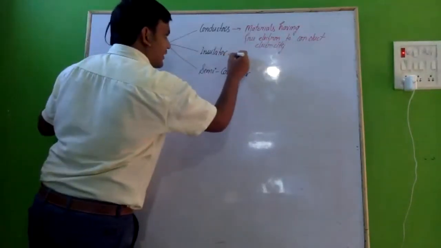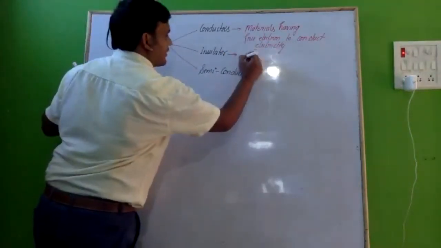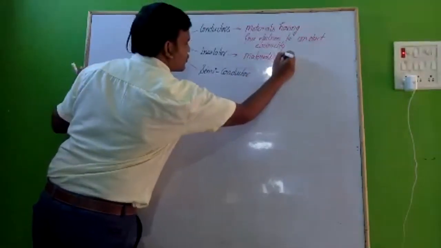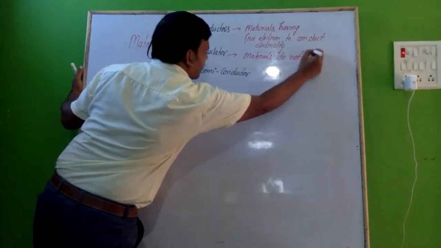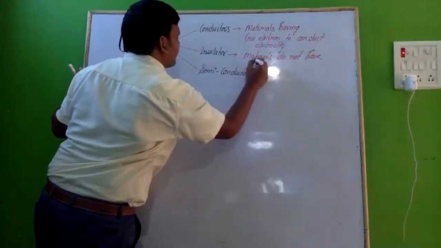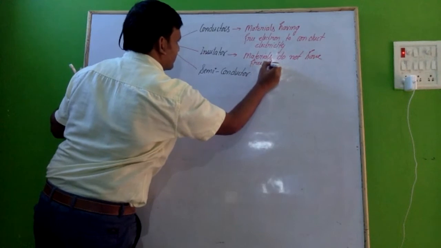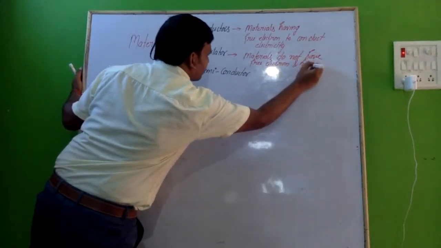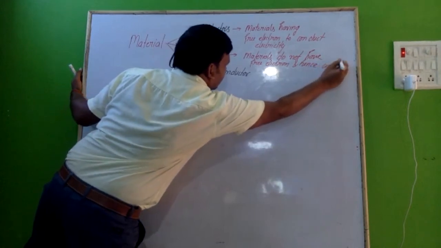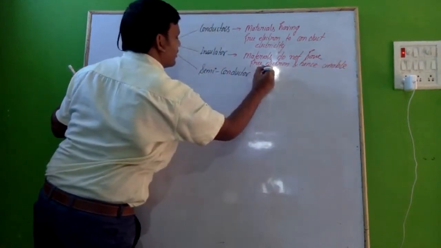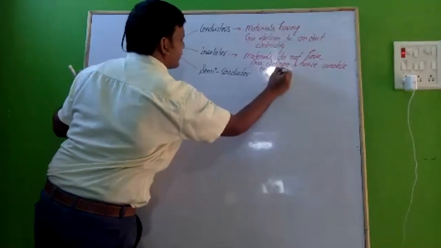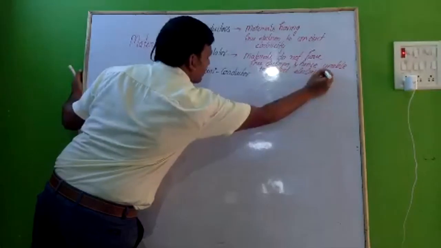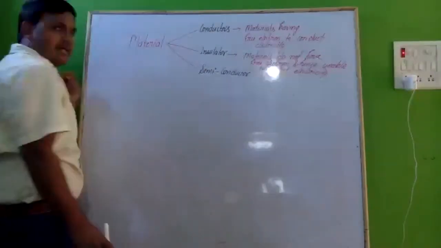While in case of the insulators, materials do not have free electrons and hence are unable to conduct electricity. So what happens in case of the semiconductor?